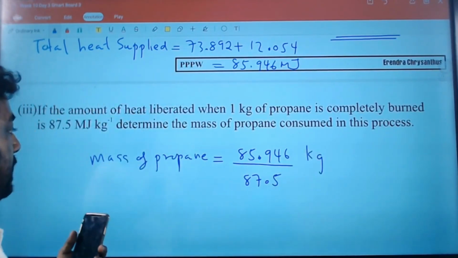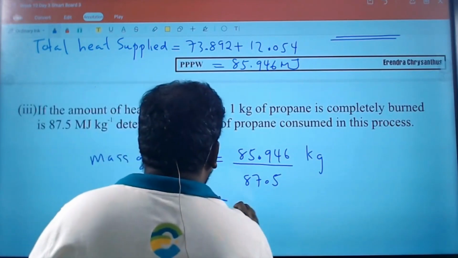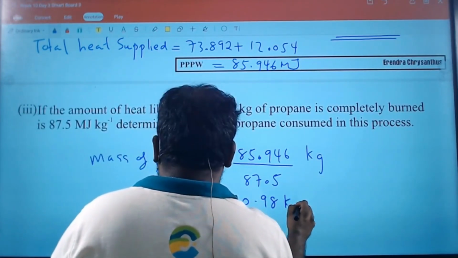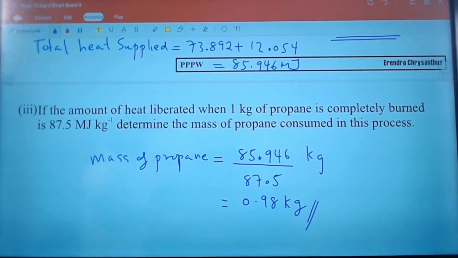I get my answer in kilogram. Divided by 87.5. Less than a kilogram. 0.98 kilograms. Approximately 1 kilogram is okay. Okay? Right.